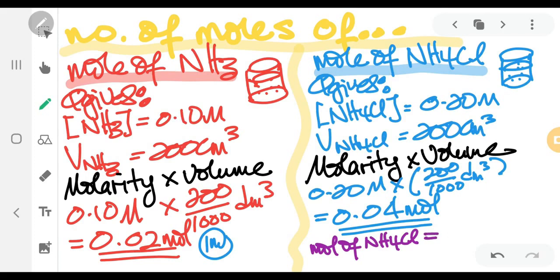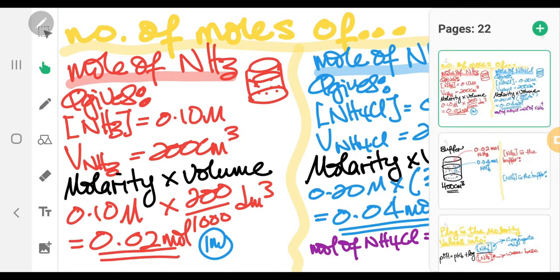NH4Cl is the same as the moles of the conjugate acid, which is NH4+, because the salt here will be completely dissociated to form NH4+. Do you remember that?